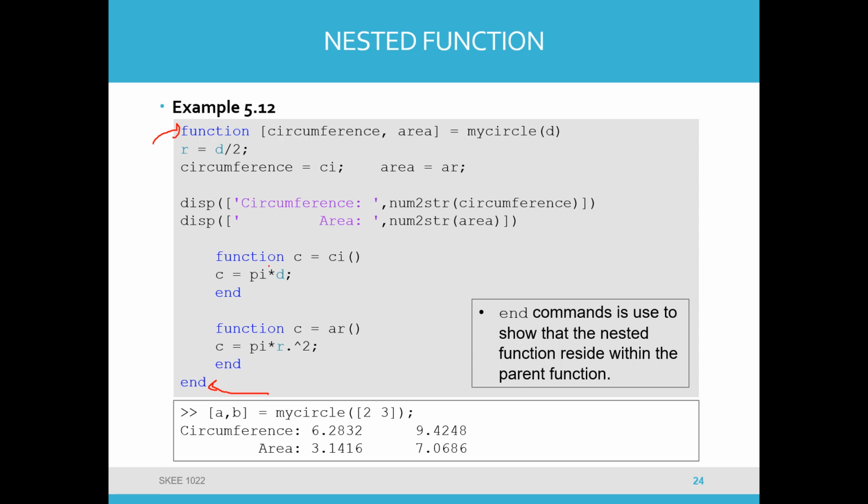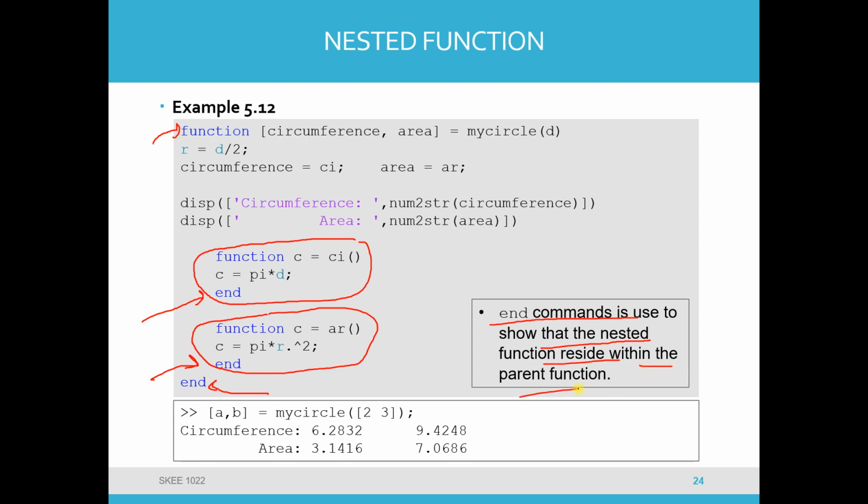But inside this function you have this nested function, a function inside a function. Of course for this case you have to put end, to show the nested function in the parent function. The parent function is the main function.